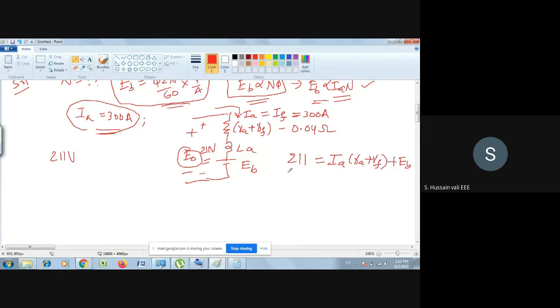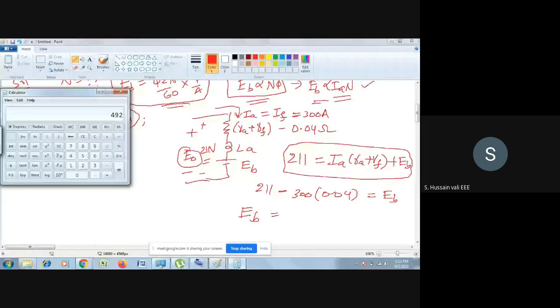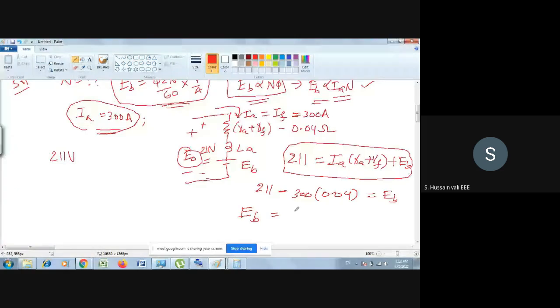I can write this equation because the terminal voltage and the IA value are given. So EB is 211 minus 300 into 0.04, which is 211 minus 12 volts, so 199 volts.